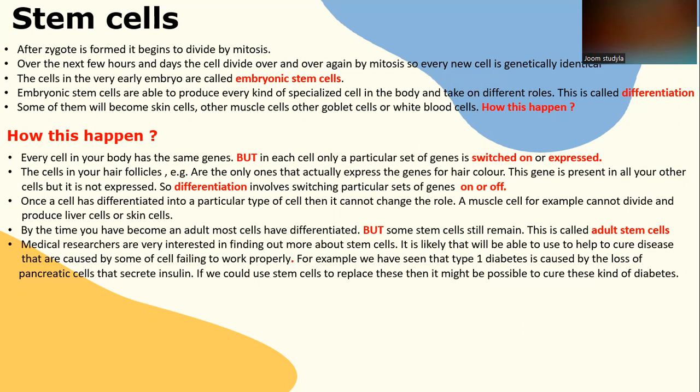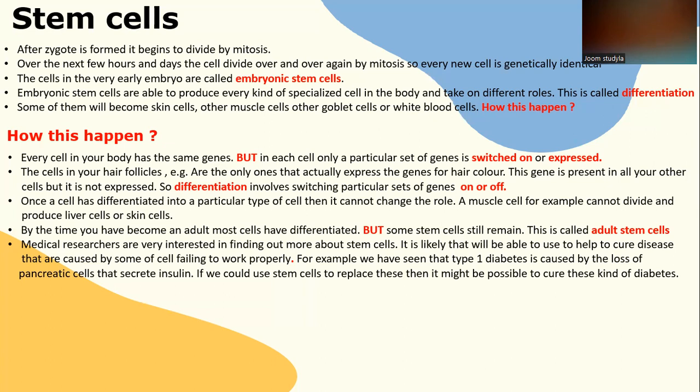By the time you have become an adult, most cells have differentiated, but some stem cells still remain. These are called adult stem cells. Medical researchers are very interested in finding out more about stem cells. It is likely that we will be able to use them to help cure diseases that are caused by some cells failing to work properly.